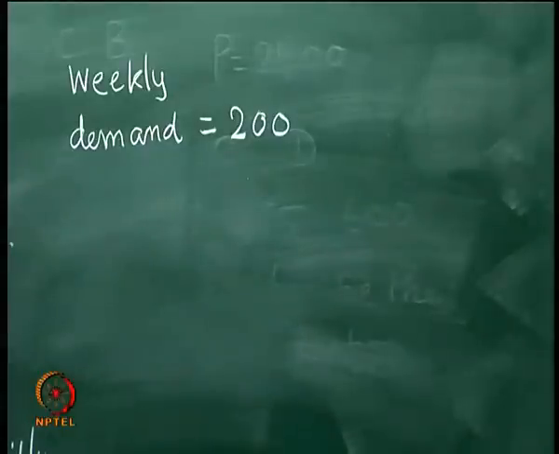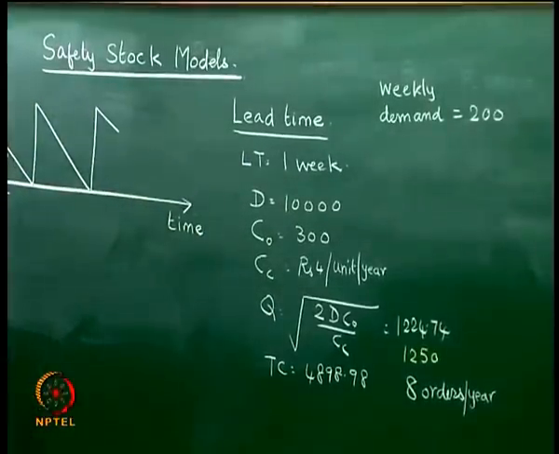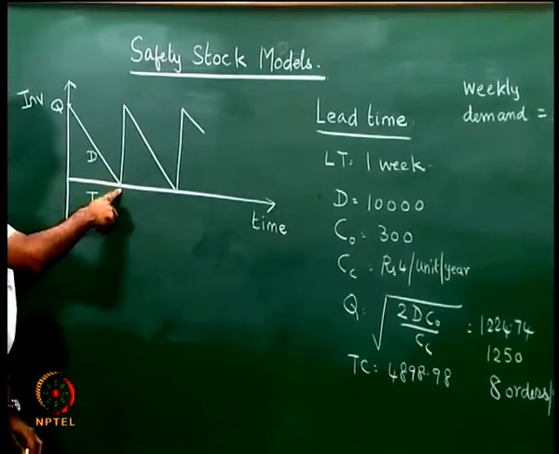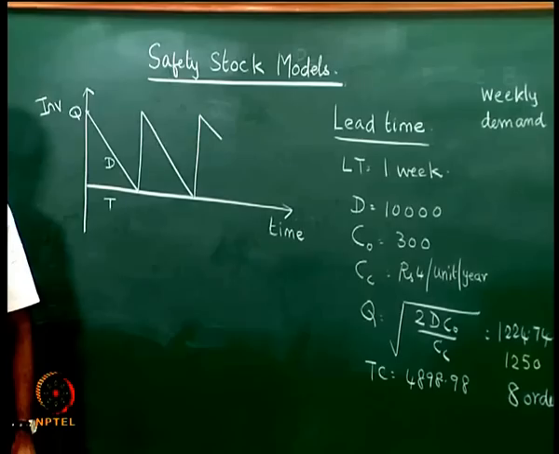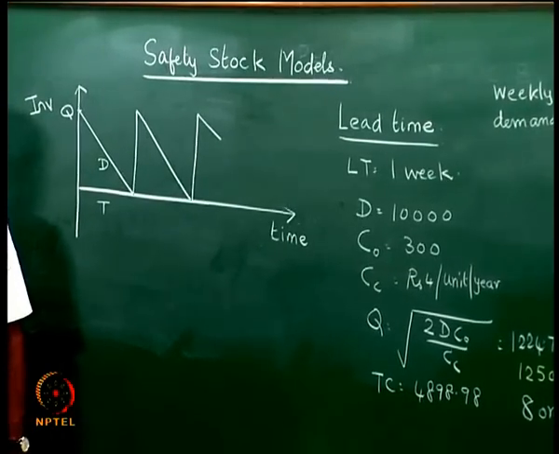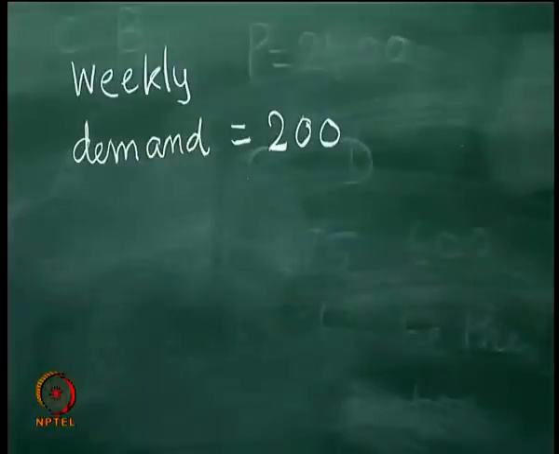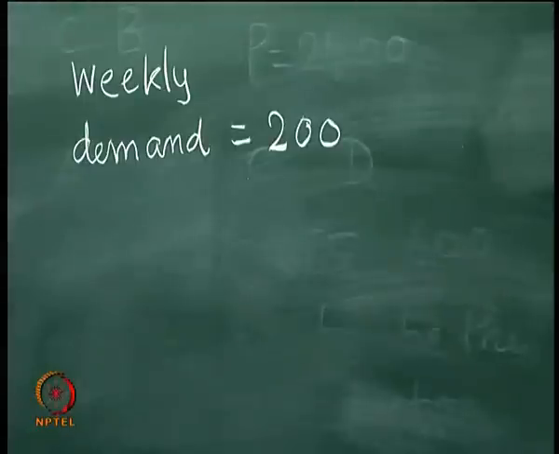Now, if our lead time is 1 week, then we will not place an order when the stock is equal to 0. Since it is going to take 1 week for us to get the items, and we know that the weekly demand is 200, let us assume the 1 week stays and there is no change, it is exactly 1 week, and every week the demand is exactly 200.